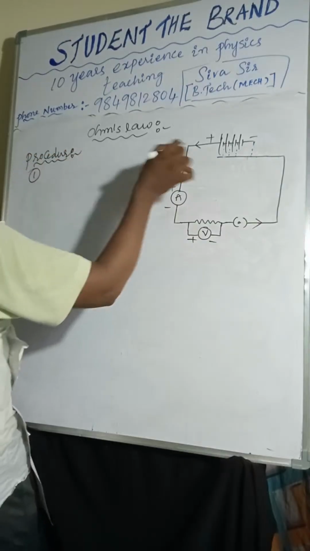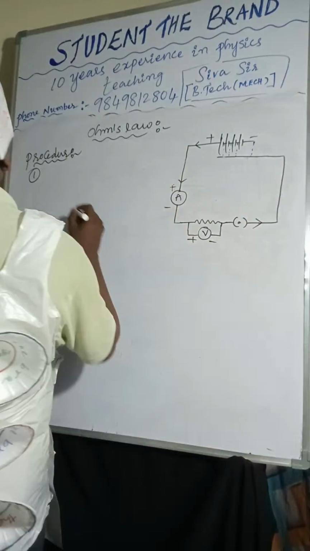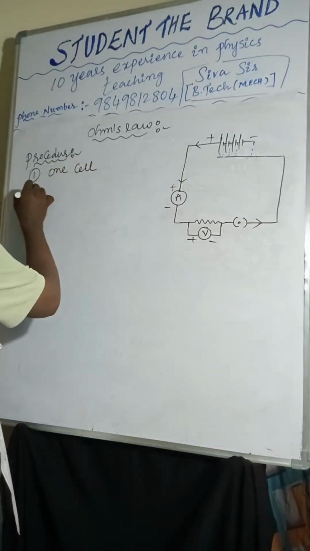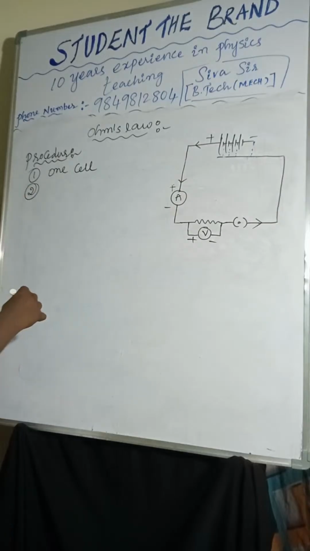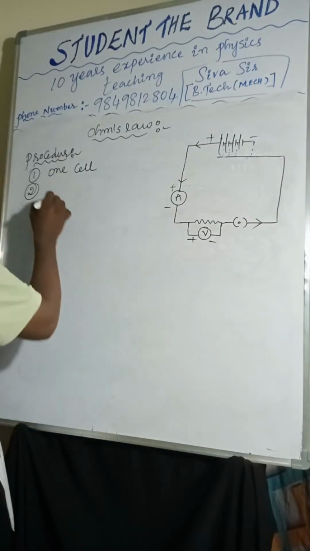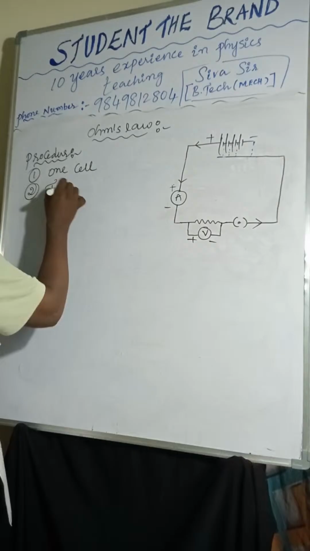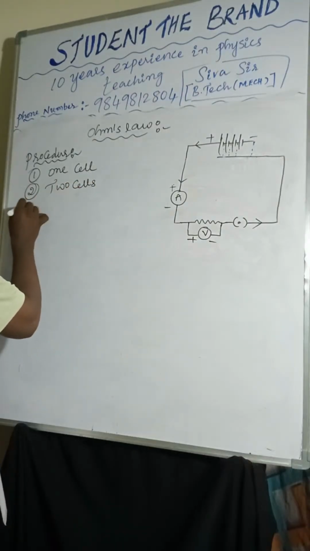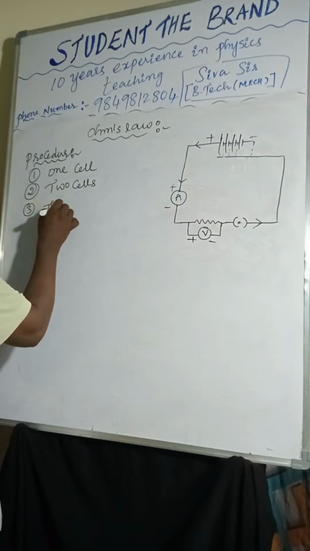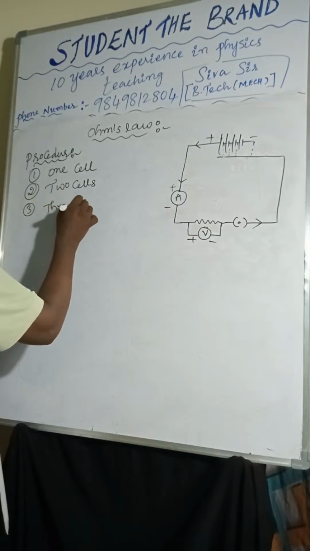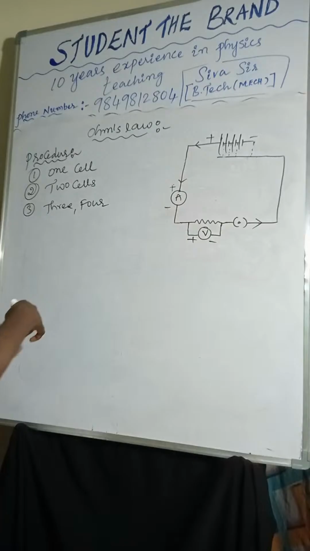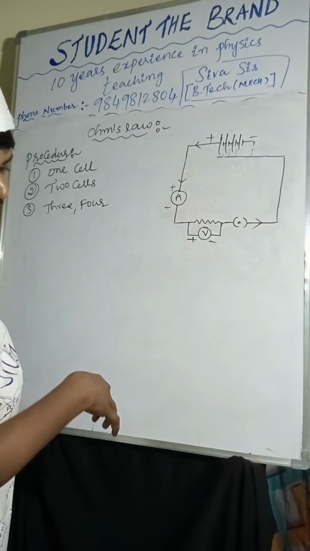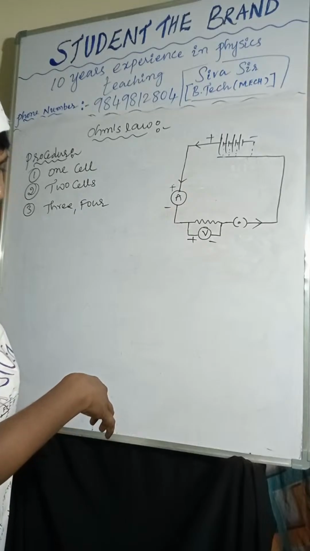First connect one cell and take the reading of the ammeter and voltmeter. Then connect 2 cells and note down the readings of the ammeter and voltmeter. Repeat the process for 3 and 4 cells, and mention the values in tabular form.